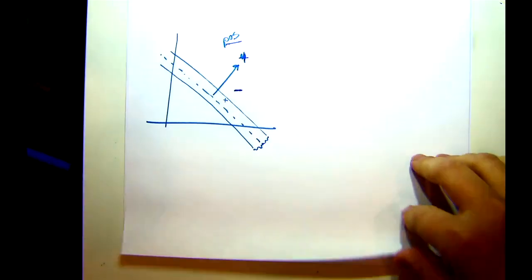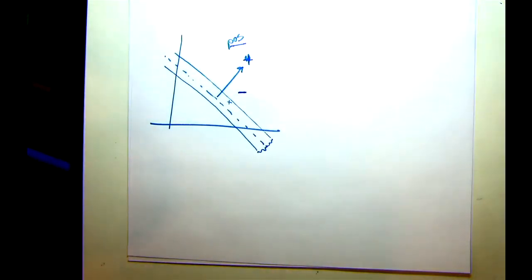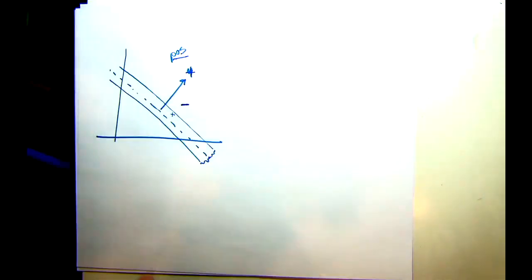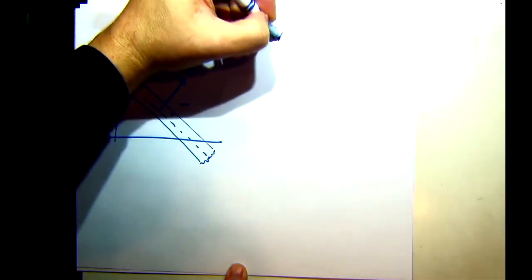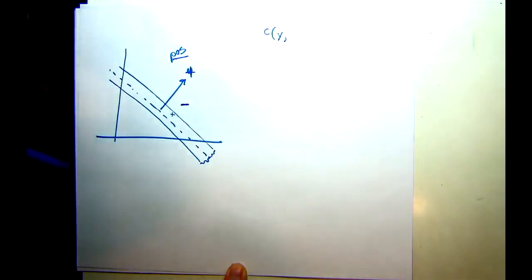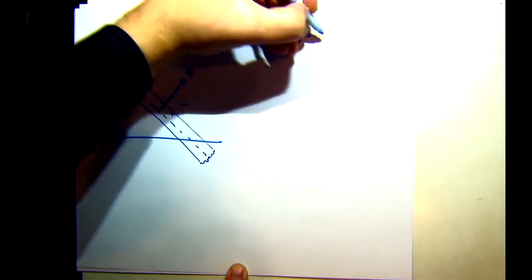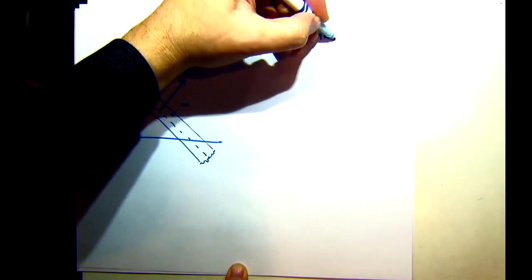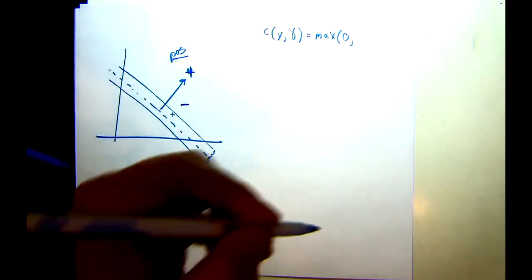All right, so let's look at the actual function that we're going to use. So the cost of an example versus our gamma is going to be the max of 0 and 1 minus y times the gamma.